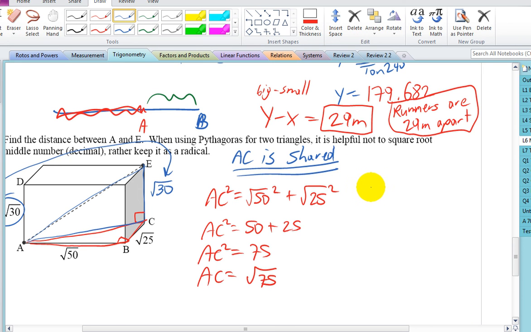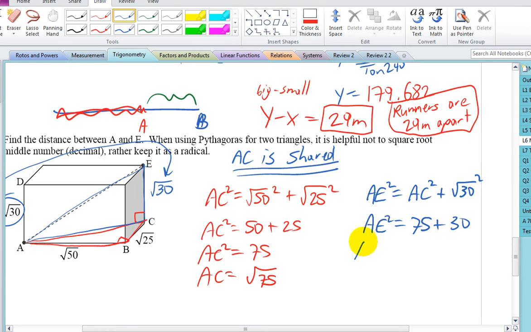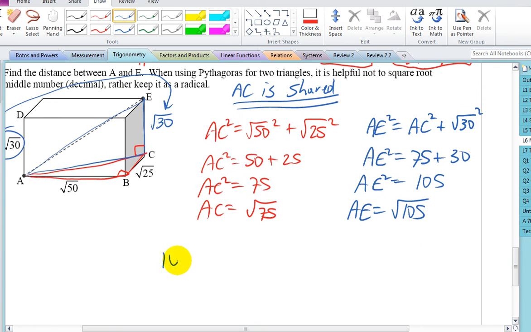And then you could find AE. Can you please simplify it? So this is your answer. Can't simplify it.